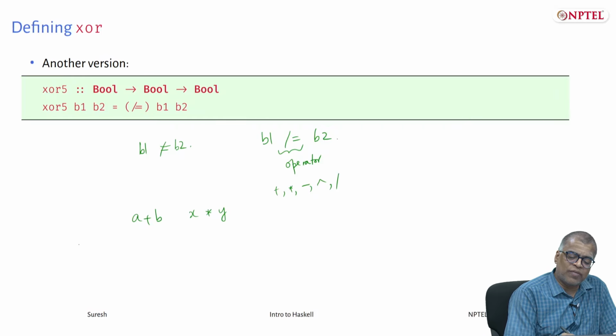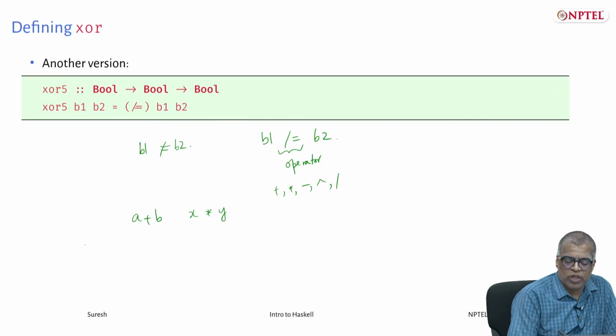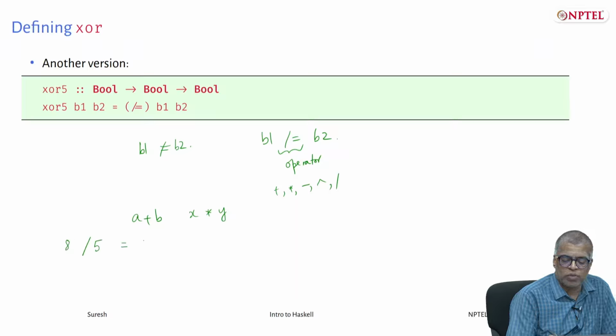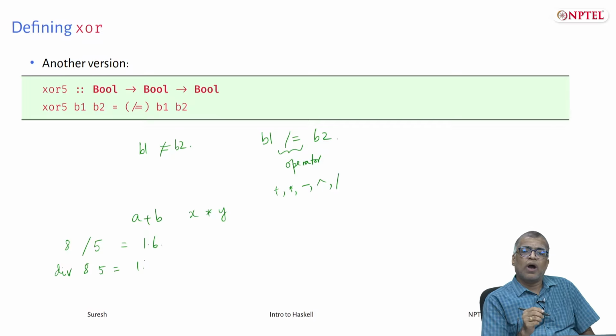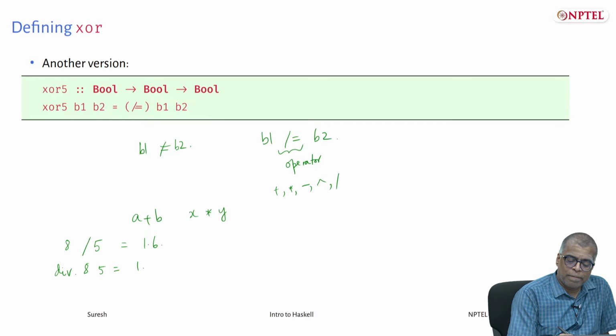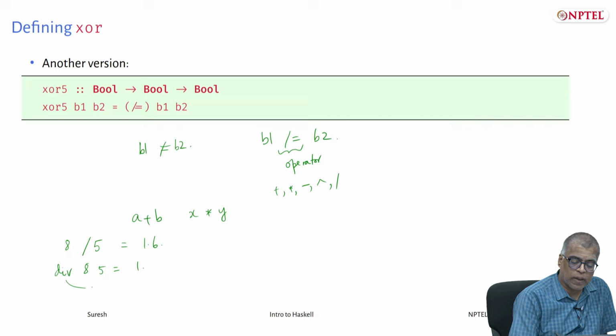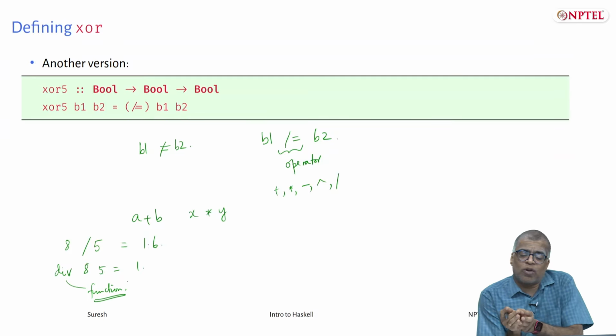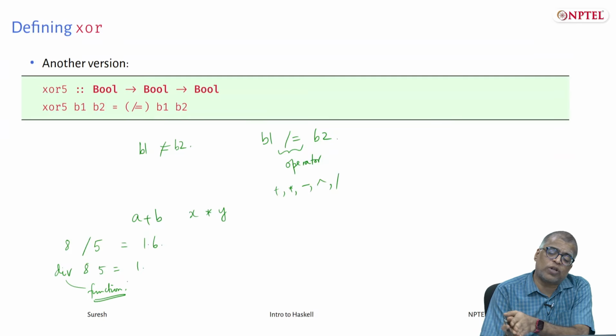But earlier when we talked about integers, we noticed that there were two operators. One is divide, 8 divided by 5 will give you something like 1.6, whereas div 8,5 will give you 1. So div is a function, and functions are always specified before the arguments.